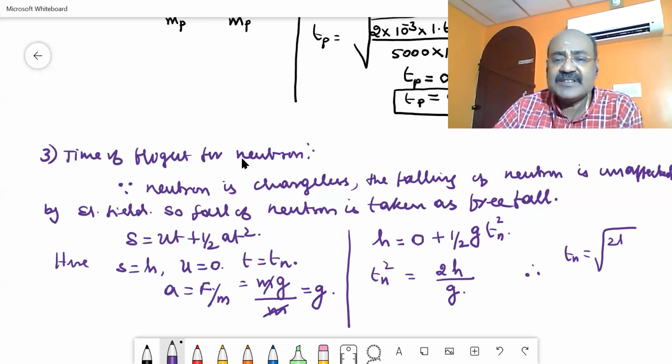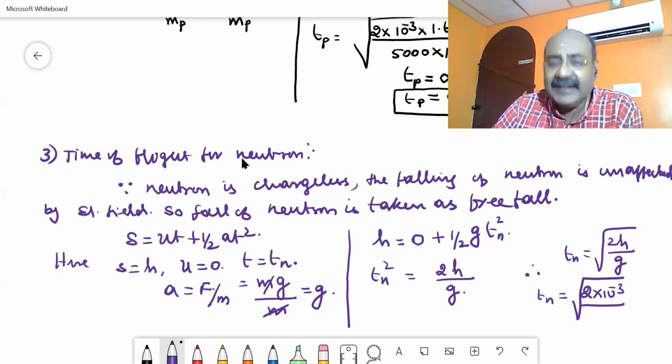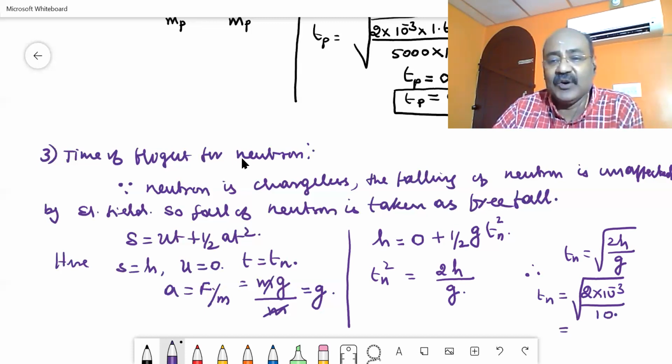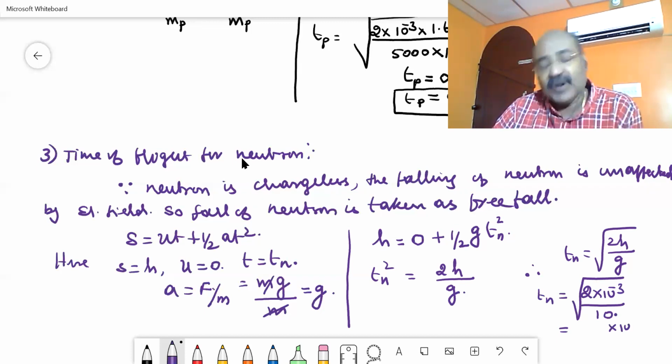So what is tn then? Tn will be equal to root of 2 into 10 power minus 3 divided by 10. The numerator is 10 power minus 4 inside the root, which I can write as 10 power minus 2 after taking the root. The value of root 2 is 1.414.